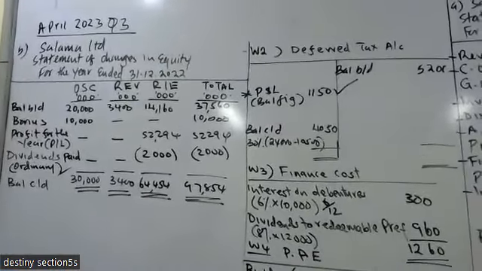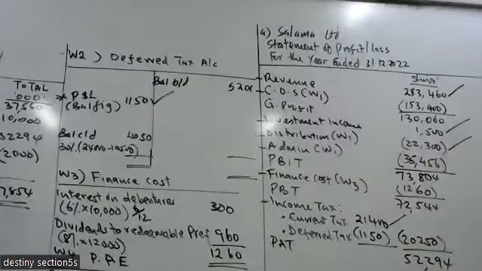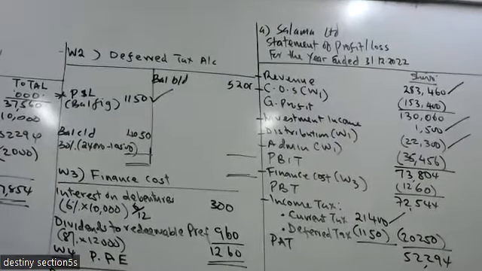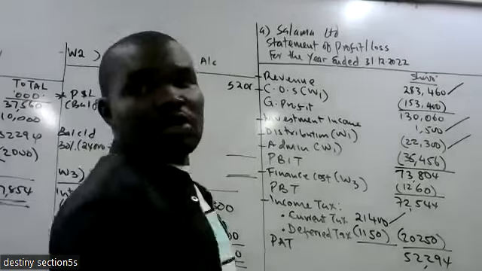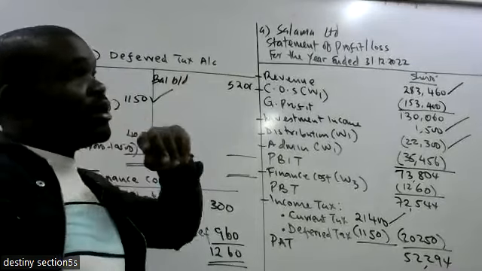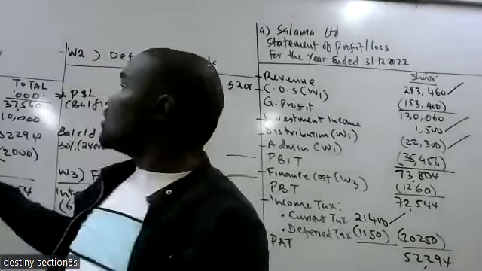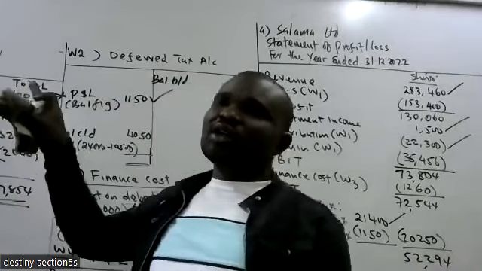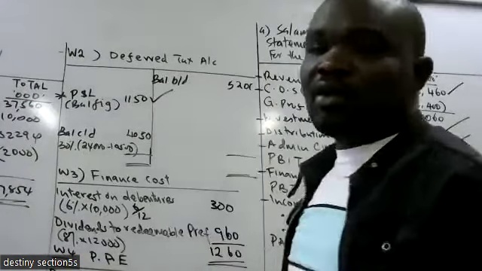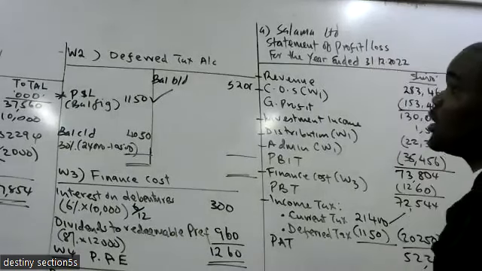All right, let's go to the balance sheets. I hope you are done. So let's go to the statement of financial position. Dividend, 3,000. If you take 2,000 of ordinary, 2,000 times 1.5, they are proposed 1.5. So that is 3,000.